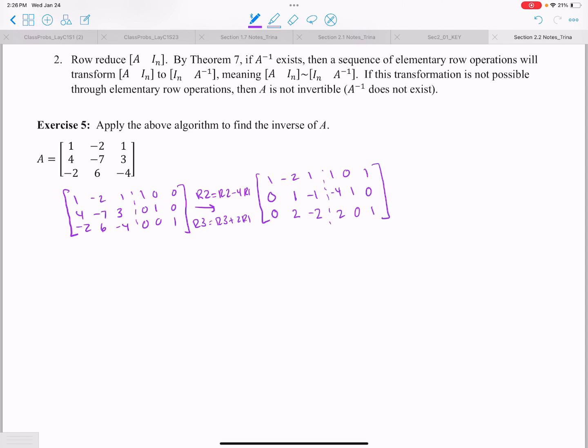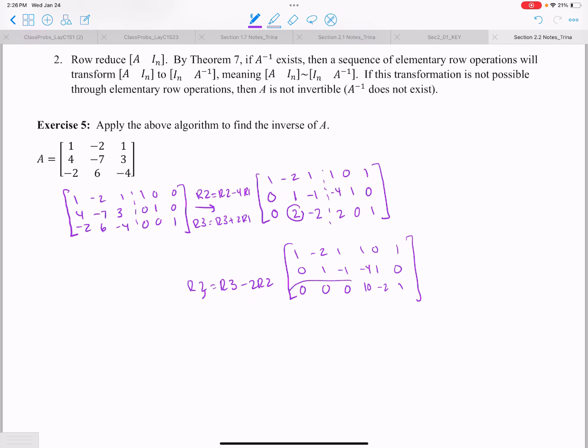I am now going to zero out this 2 by saying row 3 equals row 3 minus 2 row 2. So I have 0, 2 minus 2 is 0, negative 2 plus 2 is 0, 4 plus 8 is 12, not 4, 2 plus 8 is 10, 0 minus 2 is negative 2, 1, it's 1. Those last ones didn't really matter.